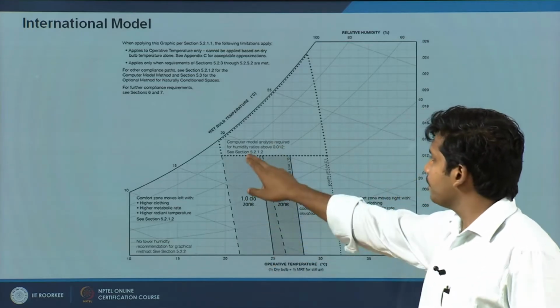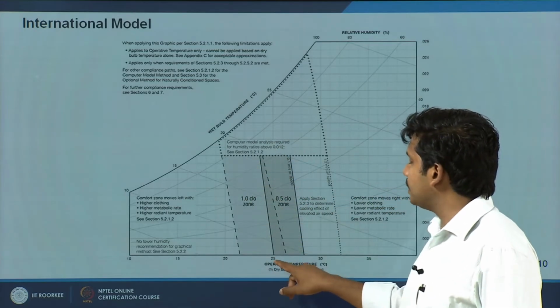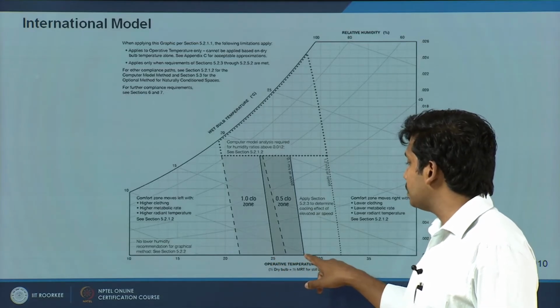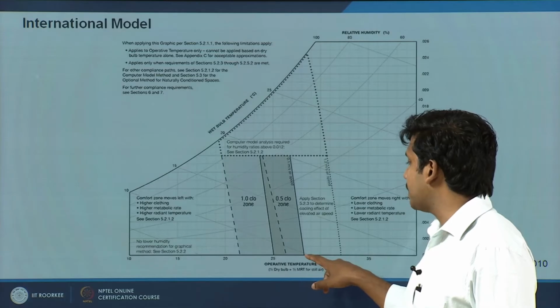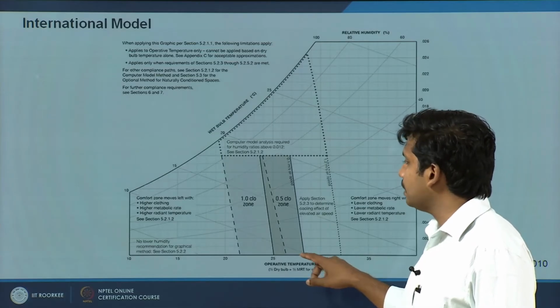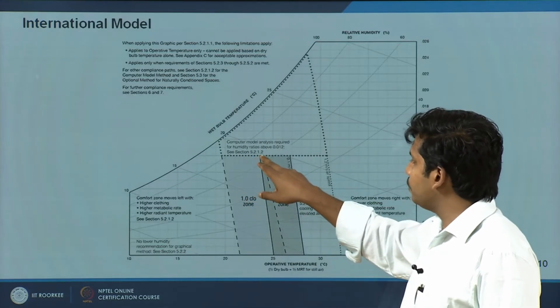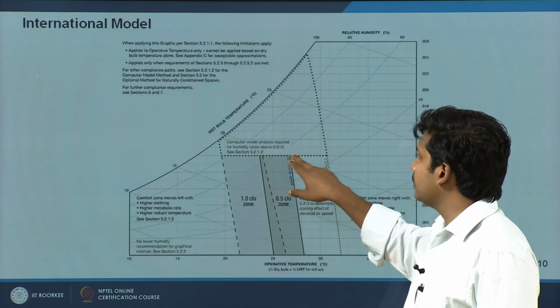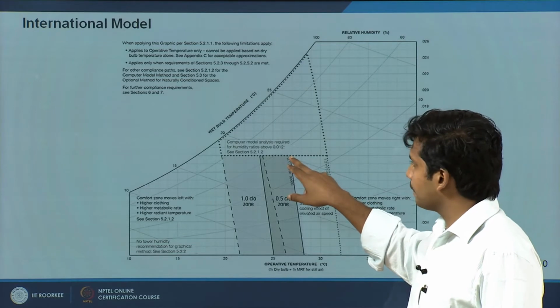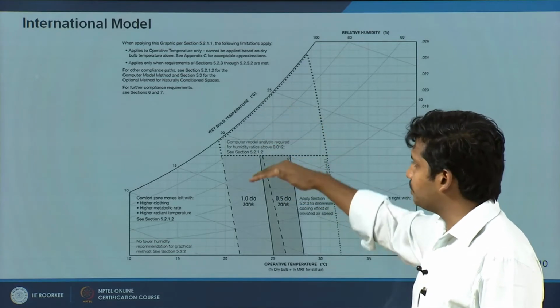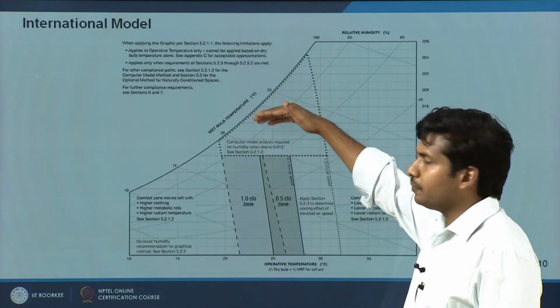One shaded box ranges from around 25 degrees operative temperature, going closer to 27.5 degrees at very low humidity, and at high humidities it is around 24 to 26.5 degrees as the humidity increases. Beyond this the comfort zone does not extend, which means you will not have thermal comfort beyond this point.